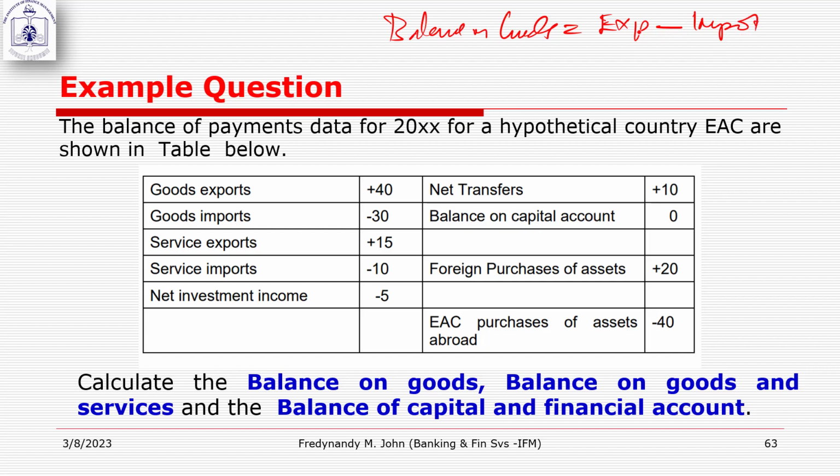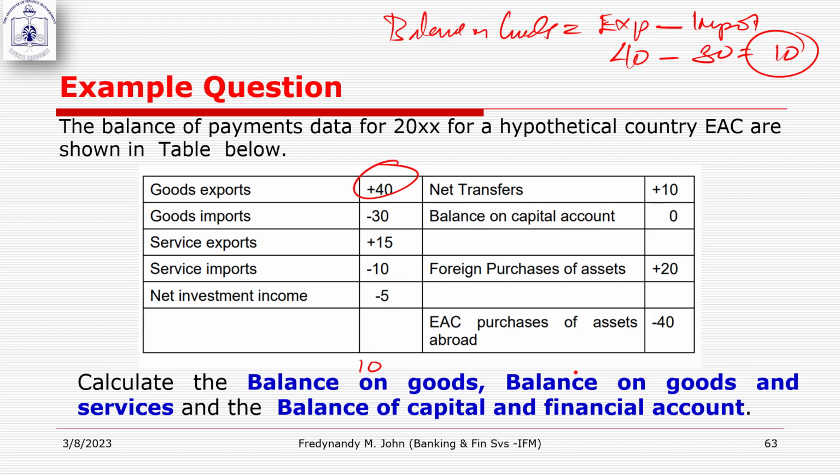But imports of what? Of goods. Export of goods is 40, and imports is 30. Therefore, here you're going to end up with 10. So balance on goods equals 10.